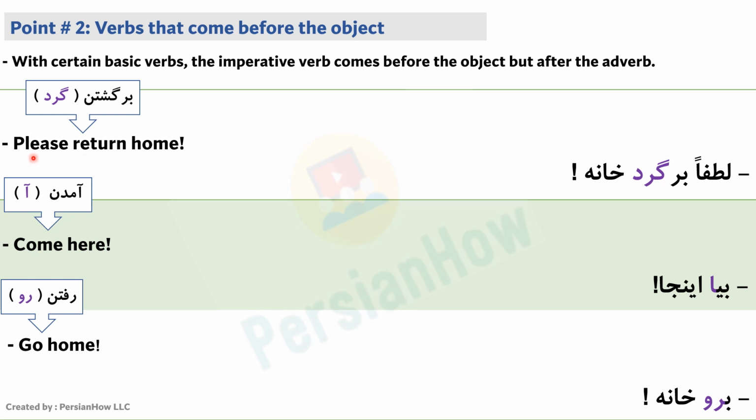So it's the same as the English structure. Or this one, come here. Technically we should say here come, but it comes earlier. بیا اینجا. Or like this one, go home. Technically it should be home go, but no, we bring it earlier. So we say برو خانه. This is a very common structure used with the verb رفتن, that it comes always earlier in the sentence.